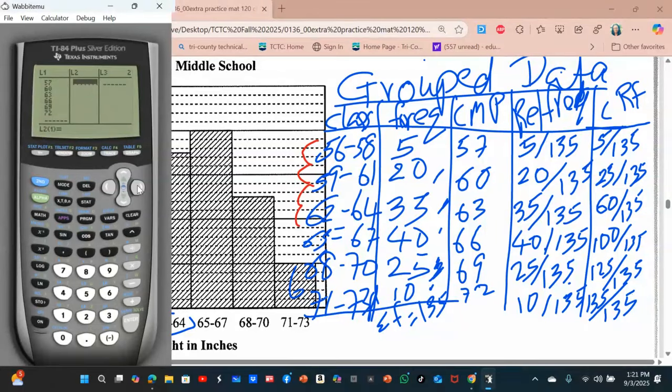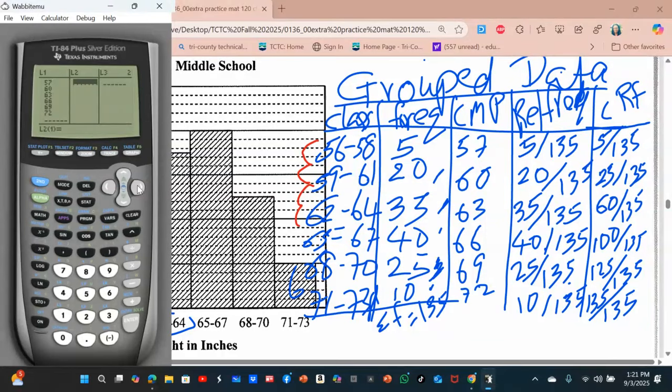So I must put in the class midpoint. The first class midpoint represents the first class. The second class midpoint represents the second class. The third class midpoint represents the third class, and so on.